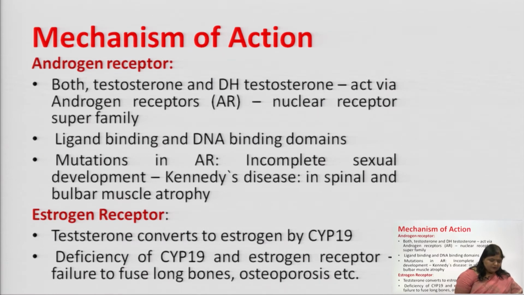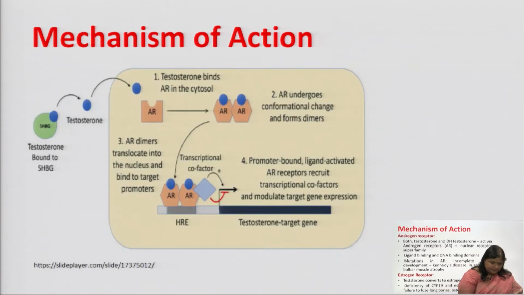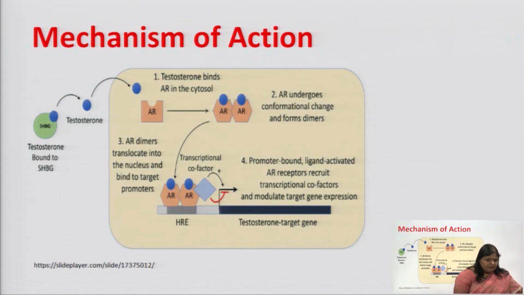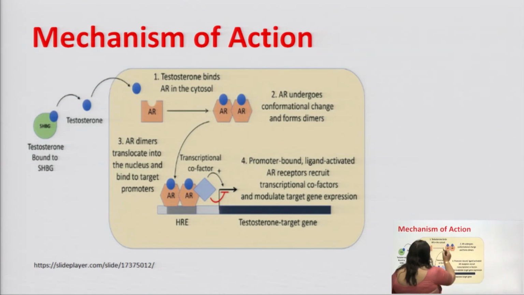When the drug binds to the androgenic receptor, there is a conformational change. We can see it here. It binds to the androgenic receptor here. Then it undergoes conformational change and it forms the dimer.